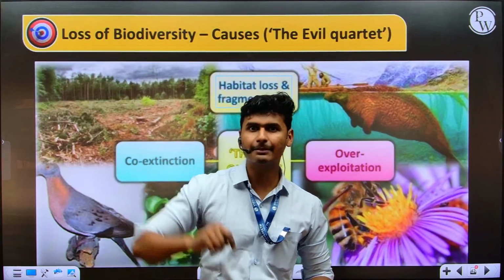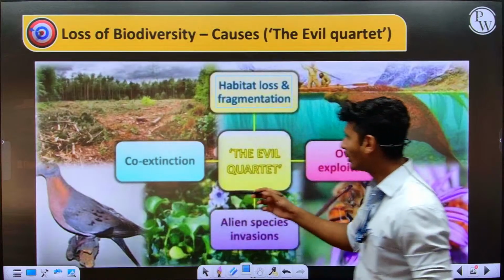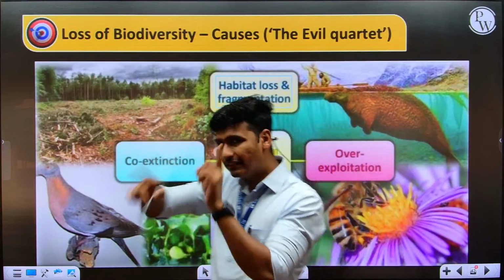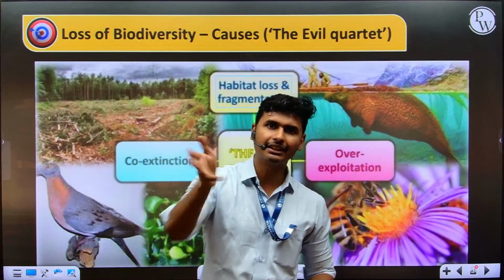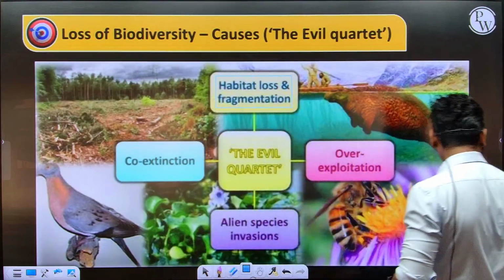That is like an alien species. Co-extinction: if two individuals are in a mutual relationship, if one goes extinct, the other also goes extinct. Those are the four reasons.